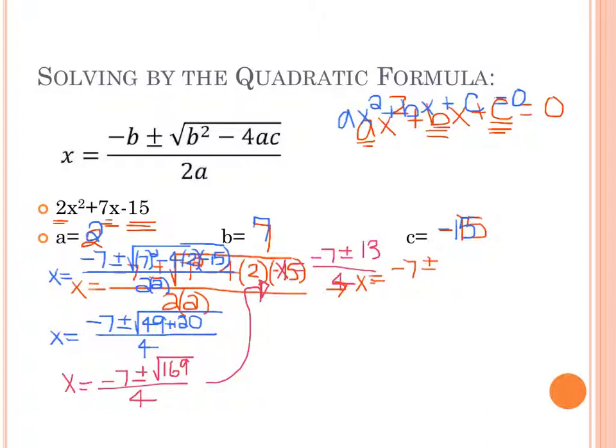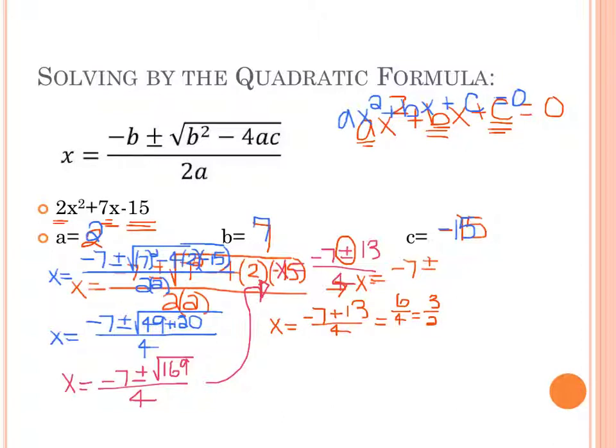Now we want to split this up into two chunks because of this plus and minus sign. So our first chunk would be when x equals negative 7 plus 13 over 4, which would give us a positive 6 over 4, which reduces down to 3 over 2.